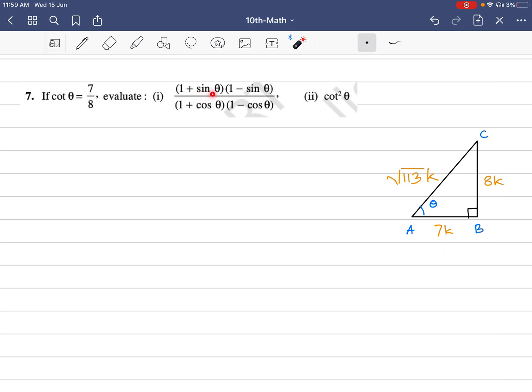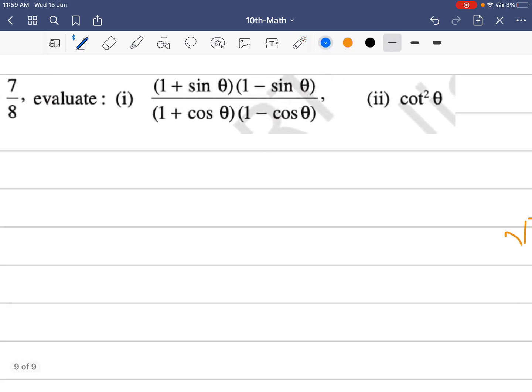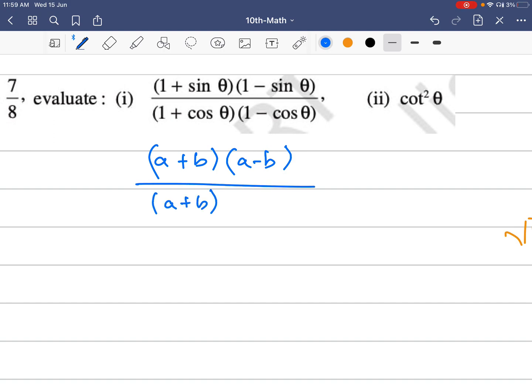This is 1 plus sine theta into 1 minus sine theta, over 1 plus cos theta into 1 minus cos theta. Now we all know that this expression is of the form a plus b into a minus b, the whole divided by a plus b into a minus b. This is the form of this expression. We know that this is a common identity: a plus b into a minus b is equal to a square minus b square.